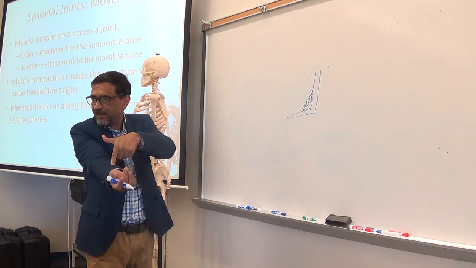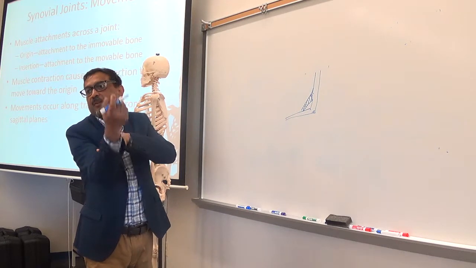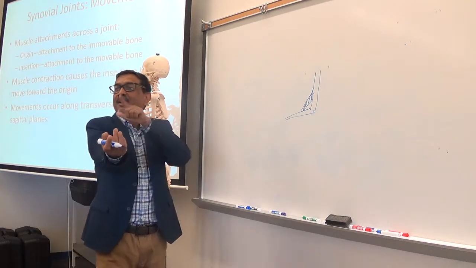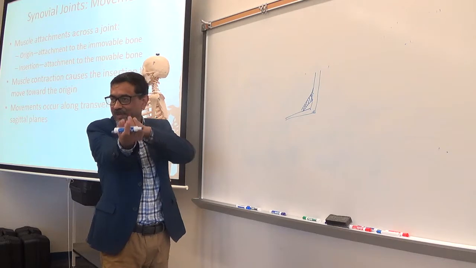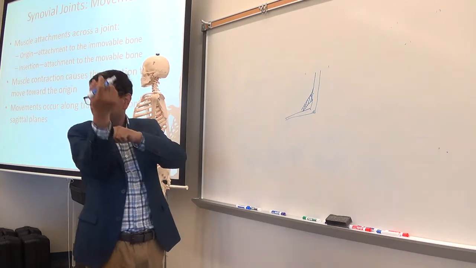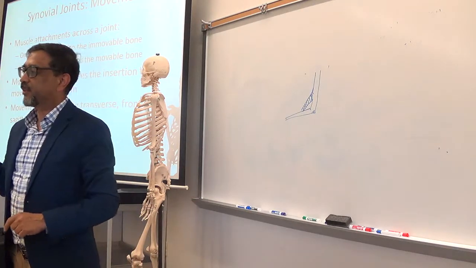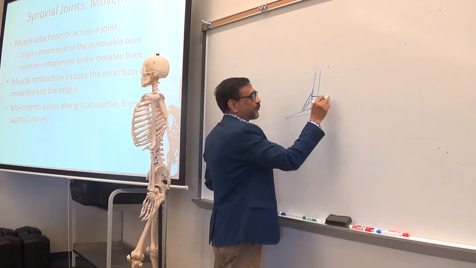And this end is called the insertion because it is attached to the bone that are moving. Is it clear? So now I can say that insertion moves towards the origin because this end is moving, right? Towards this one. So insertion moves towards what? The origin.